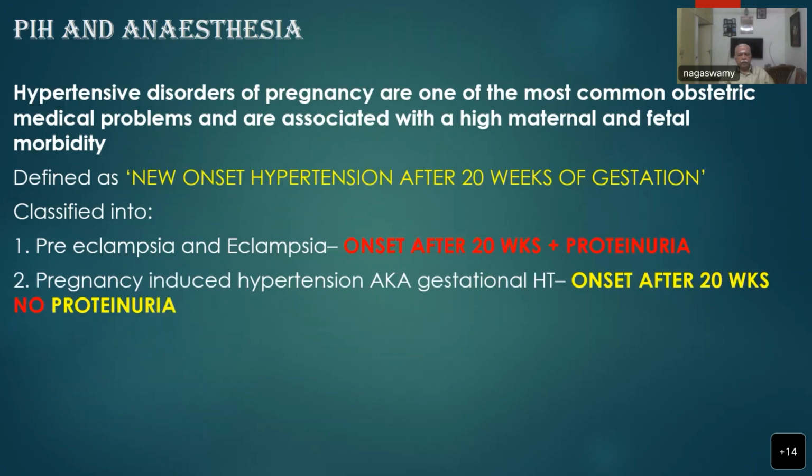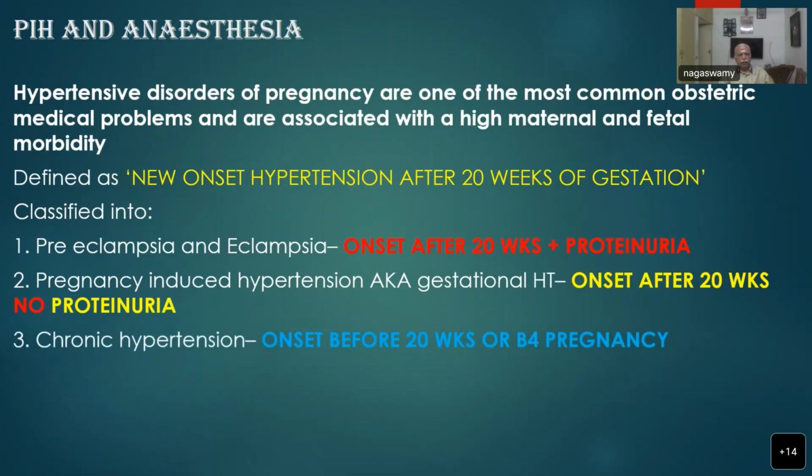Second is the pregnancy-induced hypertension, which is also called gestational hypertension. This also happens after 20 weeks with the increase in blood pressure of more than 140/90, but there is no proteinuria in this case. The third category is patients who had hypertension even before they became pregnant, which is called chronic hypertension, which may continue without becoming a preeclampsia.